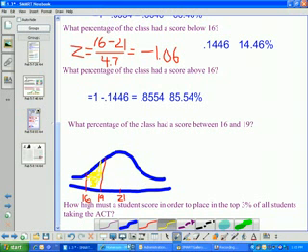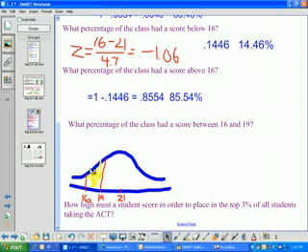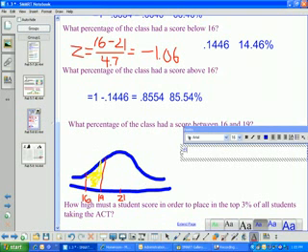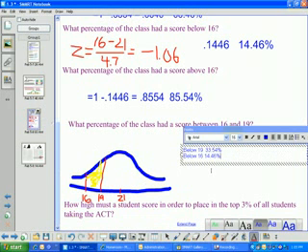We have a few numbers here that are going to help us. Our first one that's going to help us is we know below 19 was 33.54%, and we know below 16 was 14.46%.